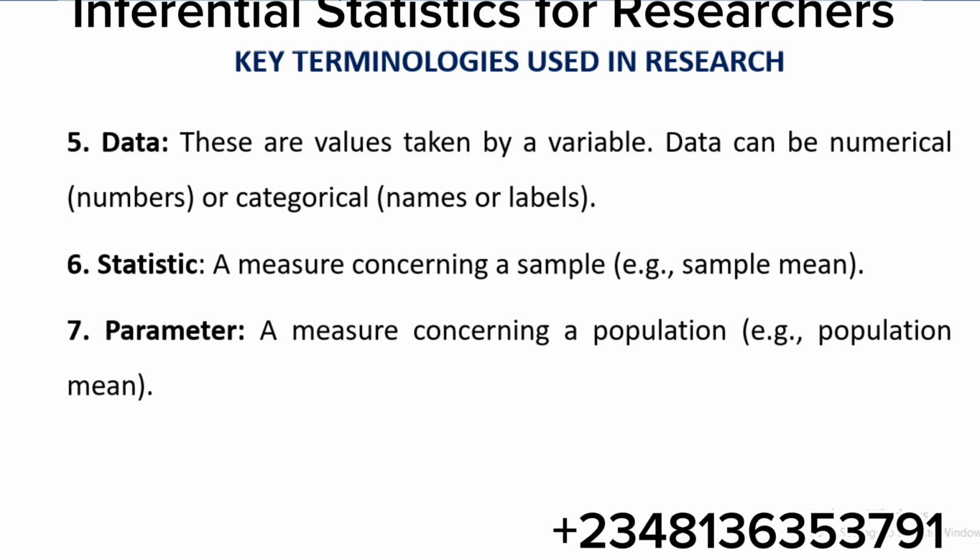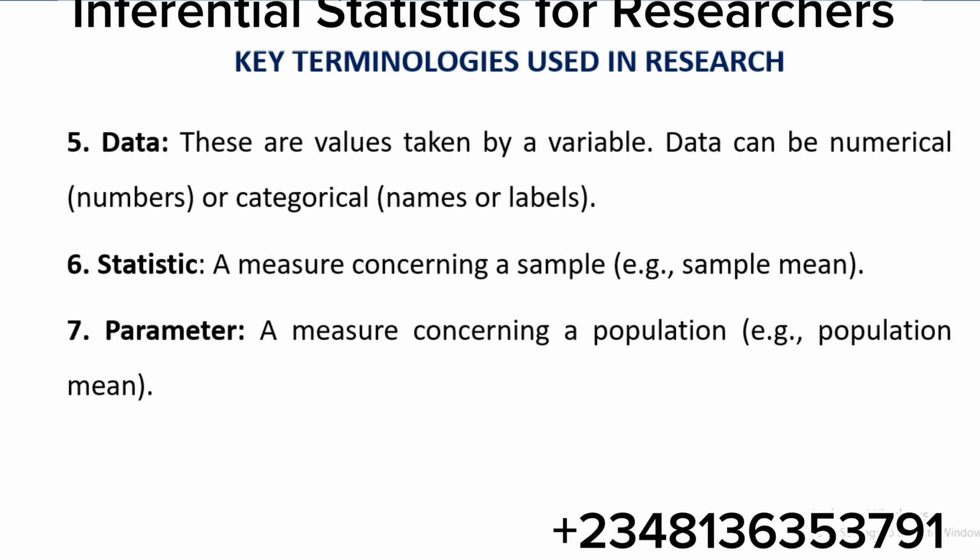So, these are our data. Data can be numerical, that is numbers, or categorical, names or labels. For example, gender. Gender is a variable, but the data that this gender takes will be male or female. These are not numbers. They are known as categorical data.